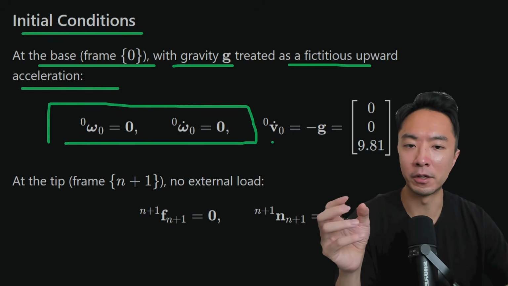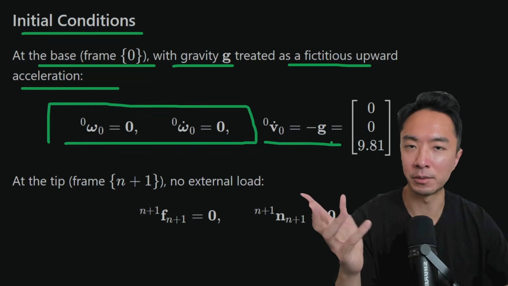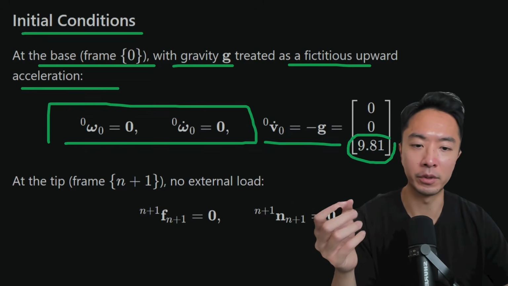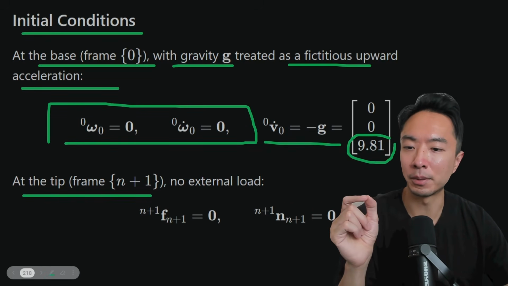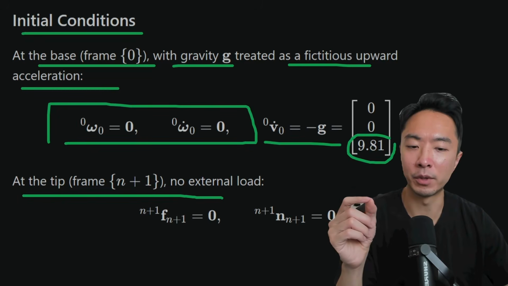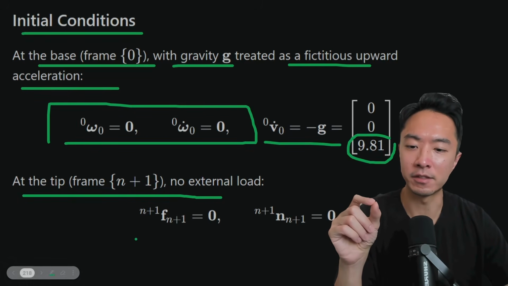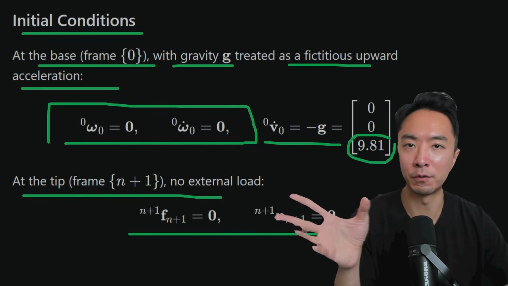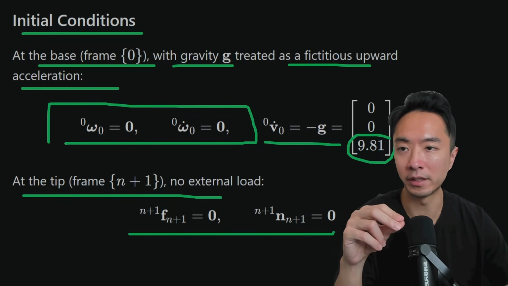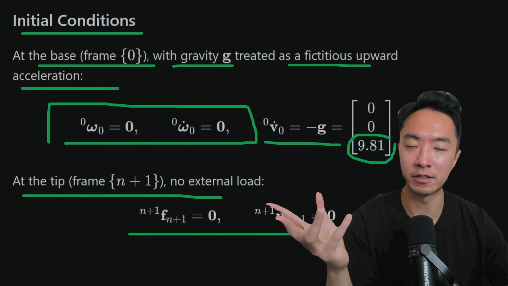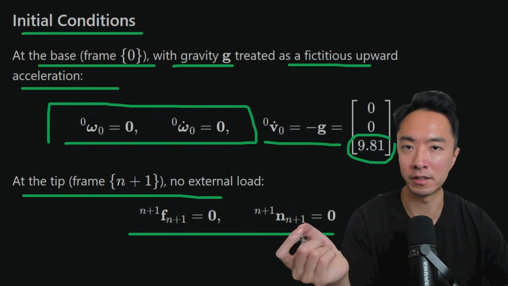And we also have our linear acceleration, which is going to be our gravity. It's just going to be 9.81. And then at the tip, this is the tool end of the frame. You want to assume if there's any forces. So for some of the basic cases, you could initially assume that there's no forces or torques applied at the tool end. But of course, you could complicate the situation and add a force if there is a force.